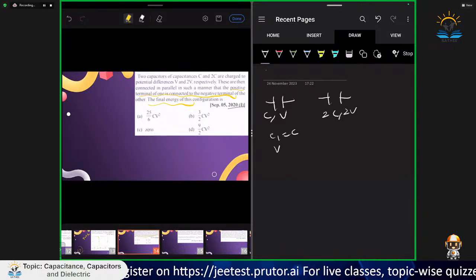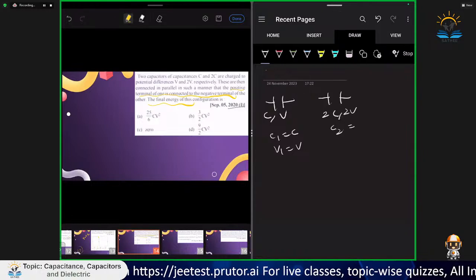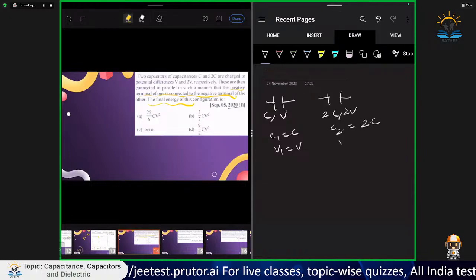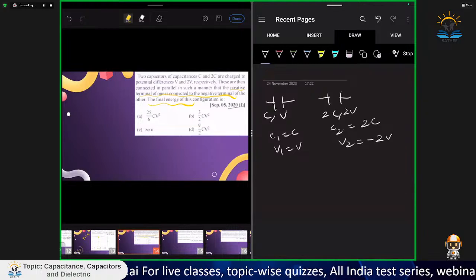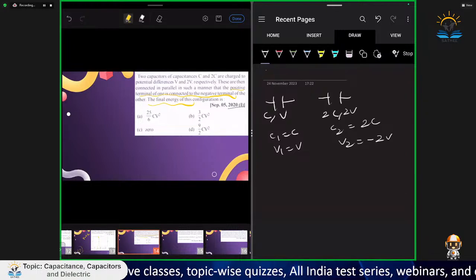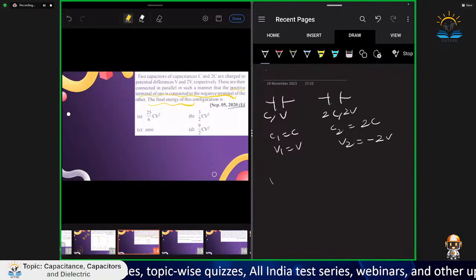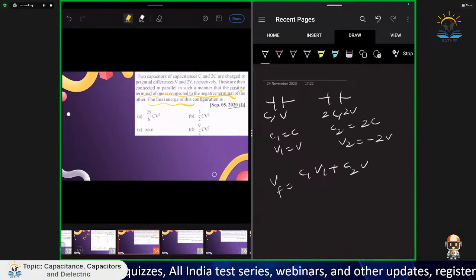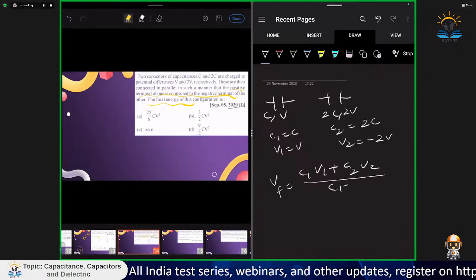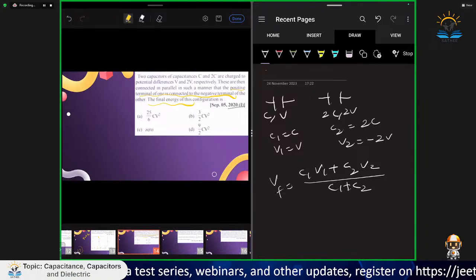C1 is C, V1 is V, C2 is 2C, and V2 is minus 2V. Either we can take minus 2V in the plus equation, or we can just put 2V if we make the minus. So V final will be (C1 V1 plus C2 V2) upon (C1 plus C2).